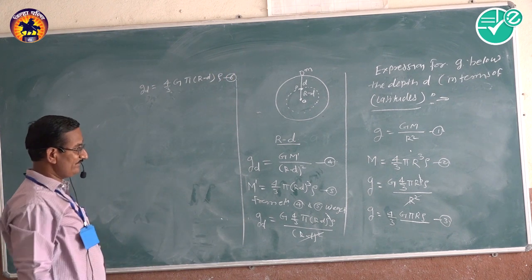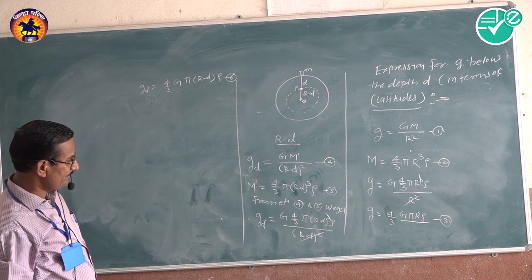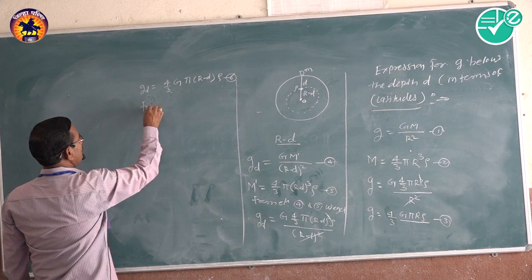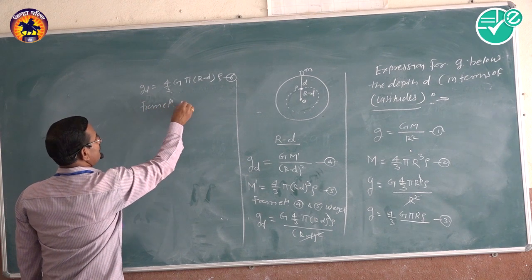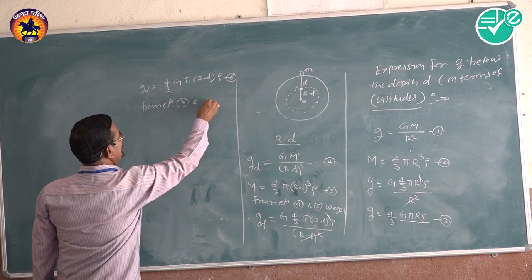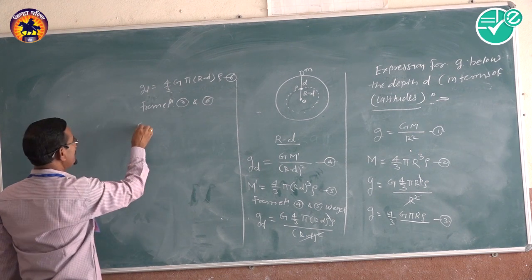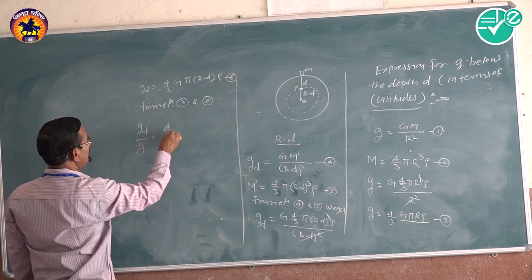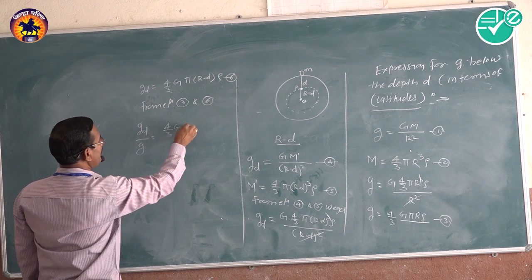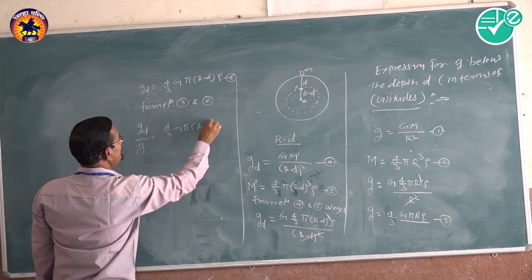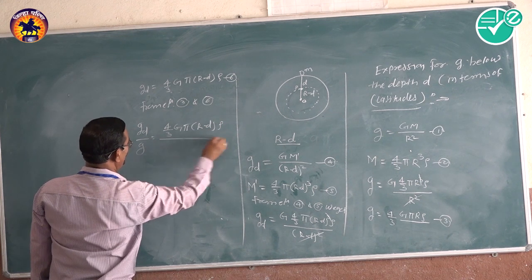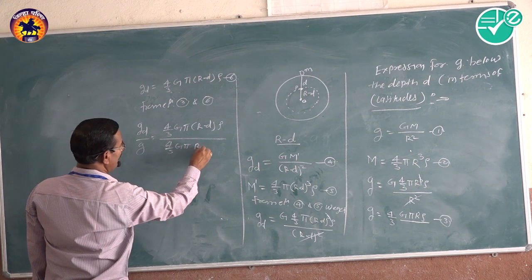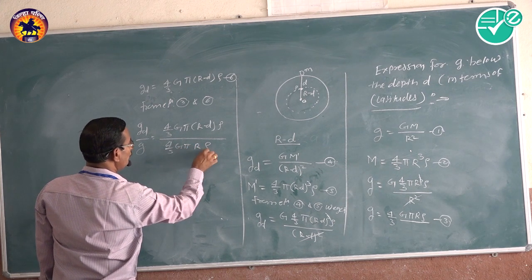Then from equations 3 and 6 we get g d by g is equal to 4 by 3 G pi (R minus d) into rho upon 4 by 3 G pi R into rho.